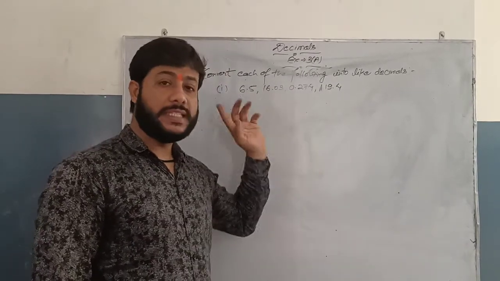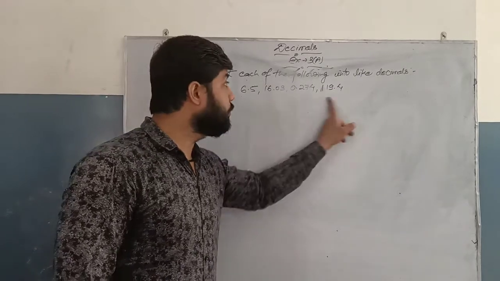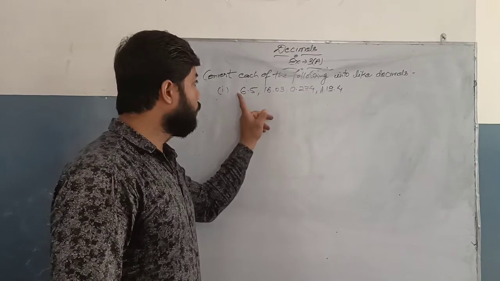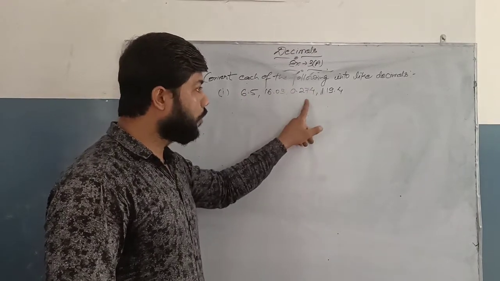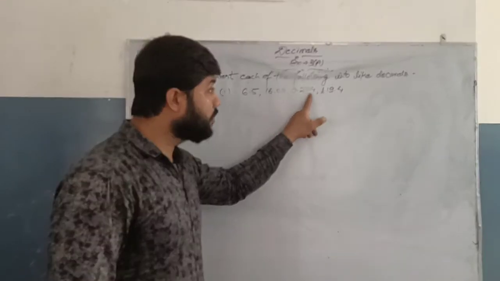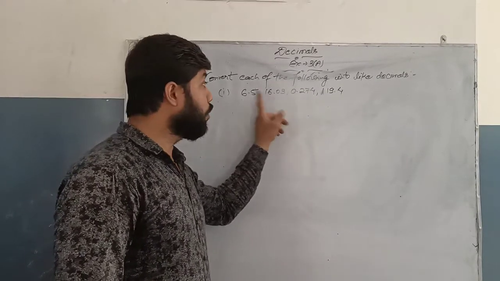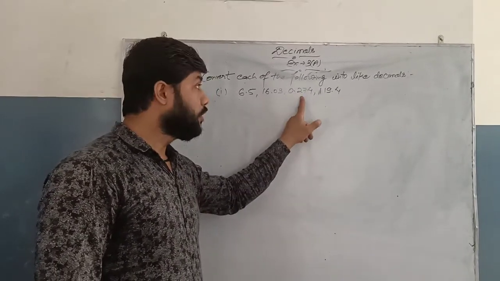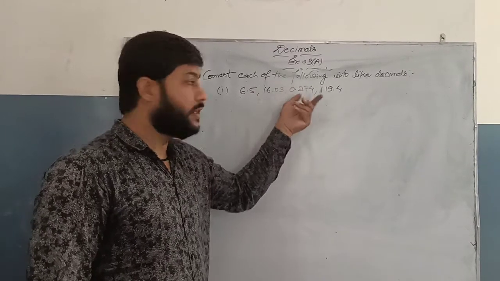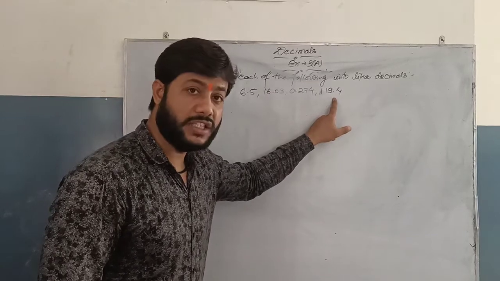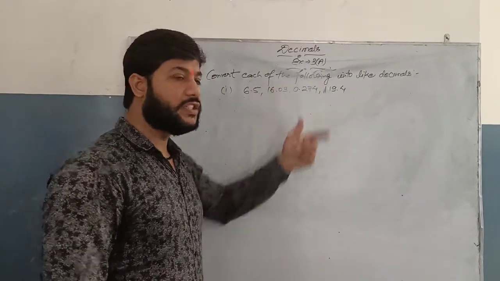So first we will see which of these 4 has the maximum number of decimal places. We can see 0.274 has 3 decimal places. So we must have all of these with 3 decimal places. We have to convert 6.5, 16.03 and 119.4 into 3 decimal places.